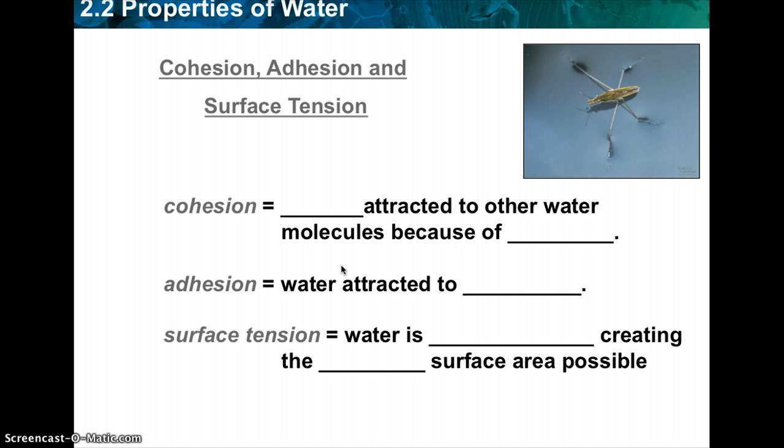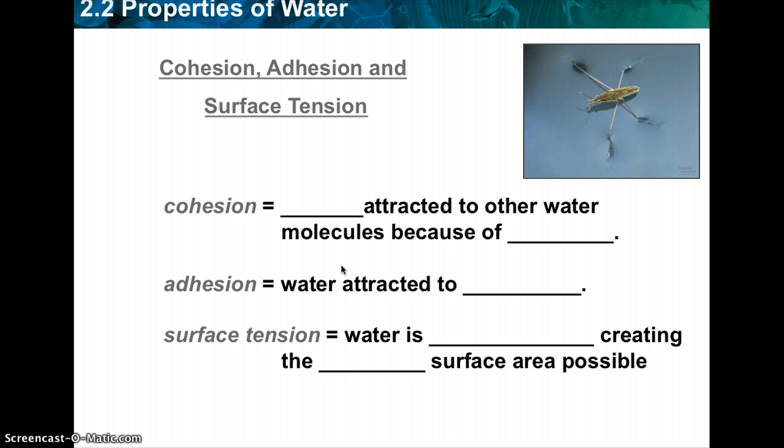So let's talk a little bit about cohesion, adhesion, and surface tension. Cohesion is defined as water that is attracted to other water molecules because of polar properties. And we already talked about the polar properties being the slightly negative region and the slightly positive region.